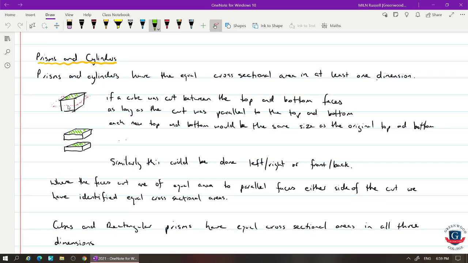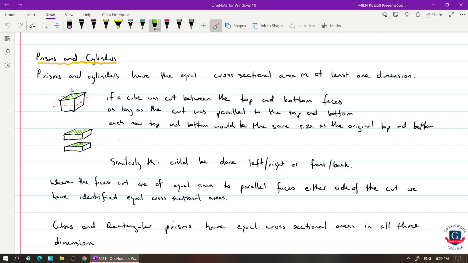So a prism or a cylinder has at least one cross-sectional area that's equal throughout the shape. In the case of our cube here, if we cut parallel to the top and parallel to the bottom, every cross section, every face that we cut will be of equal size to the top and the bottom.